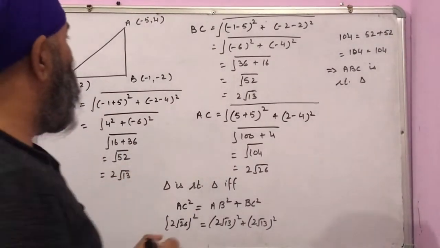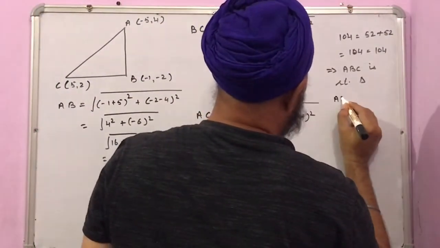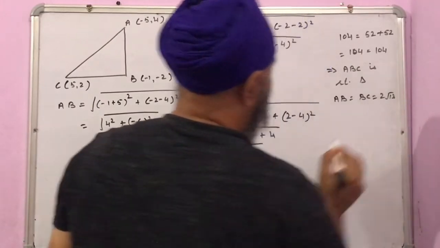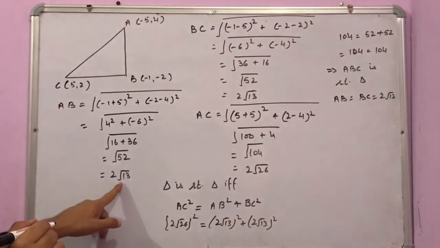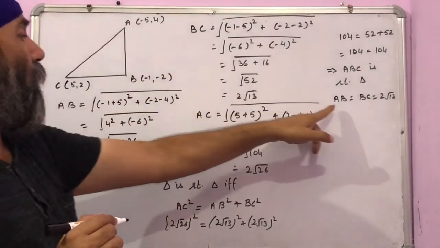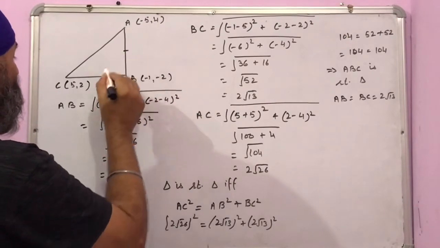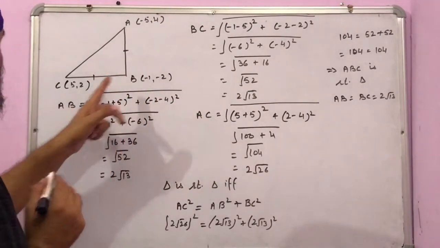Also AB is equal to BC equal to 2 root 13. AB is 2 root 13, BC is 2 root 13. It means AB is equal to BC. So two sides are equal. Right angle is there.